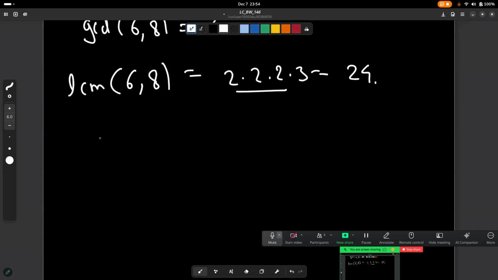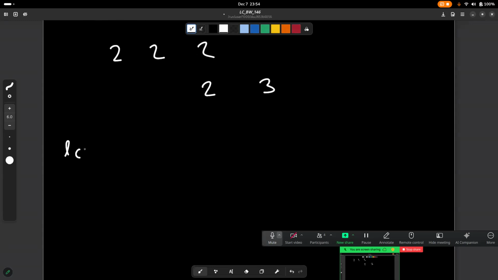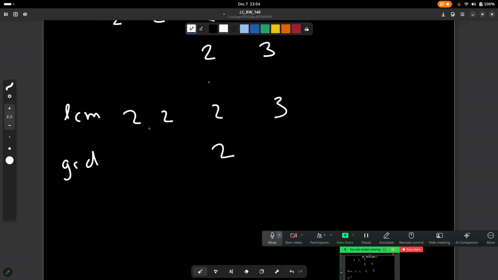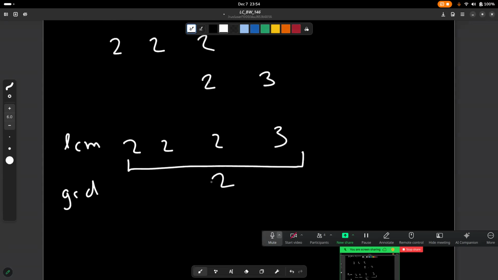And what happens when you multiply GCD and LCM? Your LCM was 2, 2, 2, and 3, and your GCD was 2. Basically, your LCM takes each element exactly once, and your GCD takes the overlapping element exactly once.